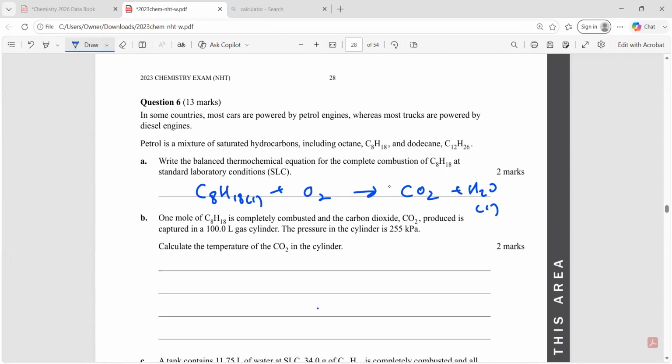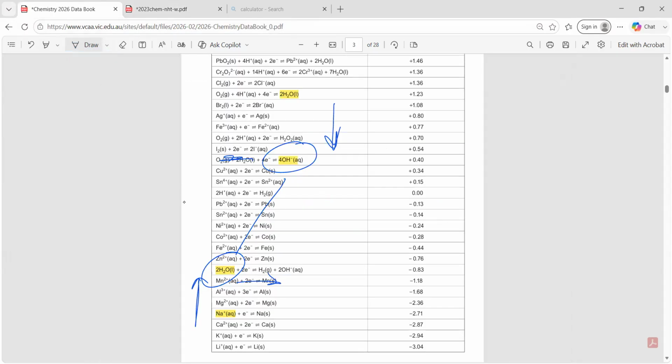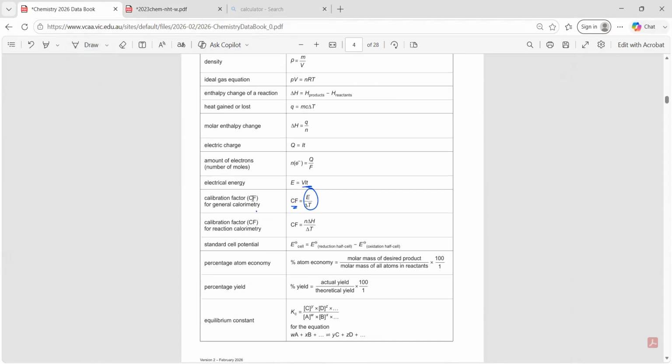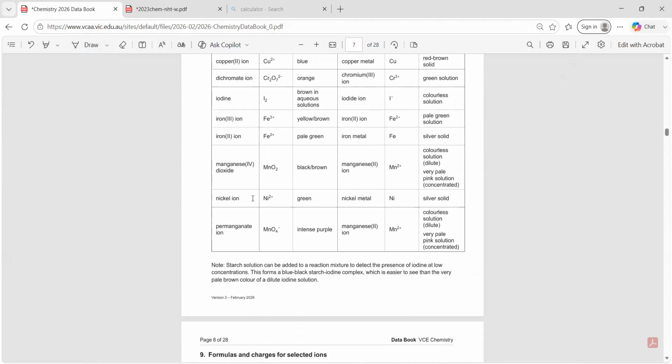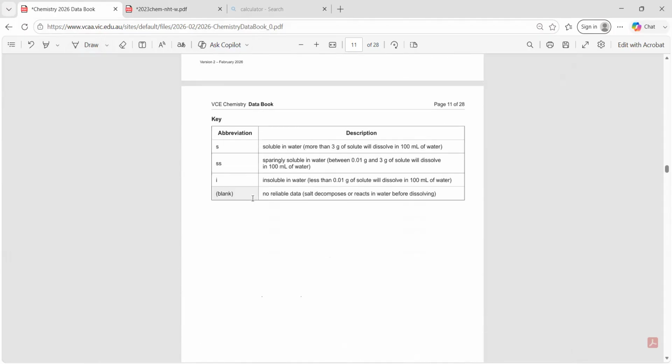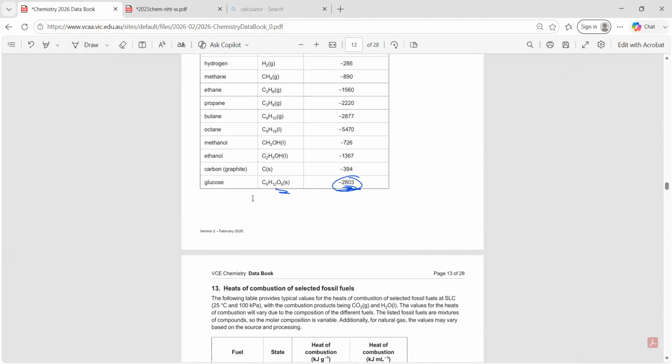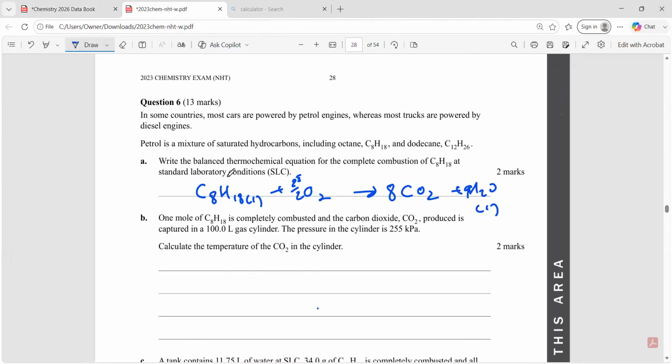Remember, it's liquid because it's happening at SLC. So that's 25 over 2, and then octane minus 5470. So then delta H.